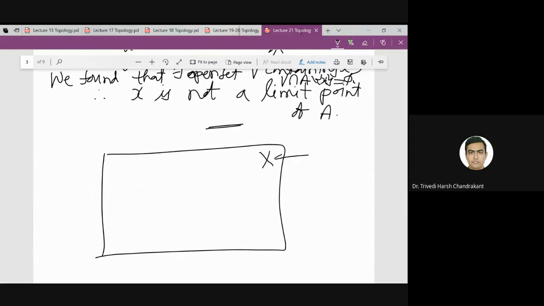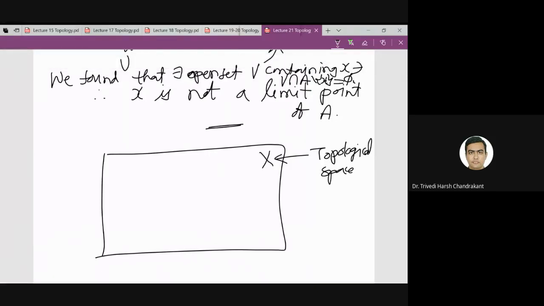So let us consider X, which is a universal set, the collection of all topological spaces, in which we have the collection of Hausdorff spaces.